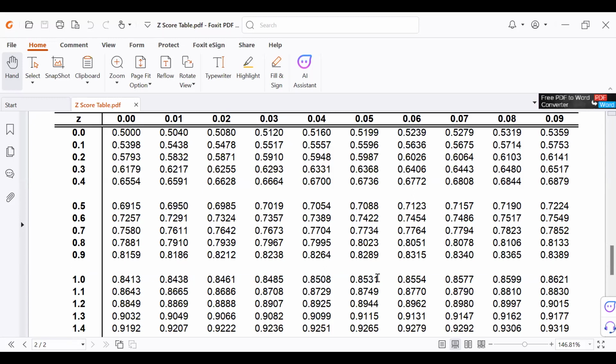Supposing we got 0.5, then the probability will be 0.8531. But here the z was just 1, that is 1.0, so we take 1 and come under the column of 0.0, which is 0.8413.